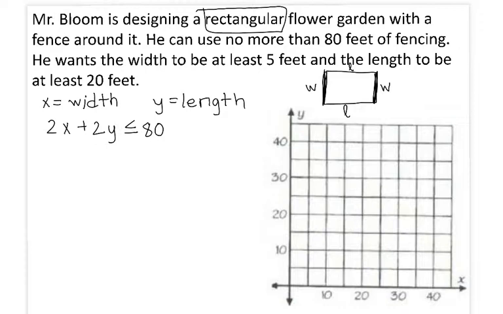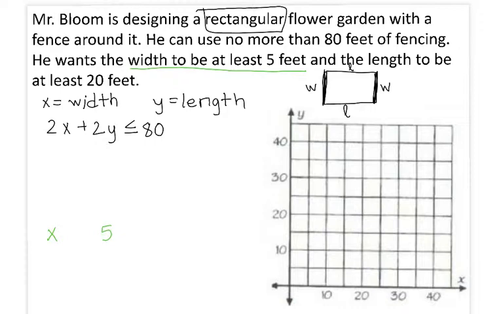Our next piece of information that we're going to need to use is that the width needs to be at least 5 feet. Our width is x, so we're going to use x. And it needs to be at least 5 feet.